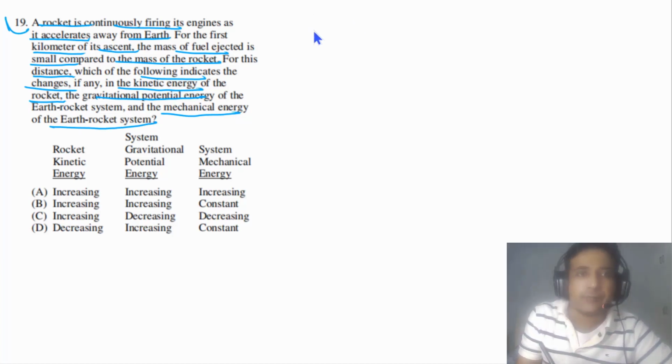So in this case, first of all, we need to understand, as the rocket is accelerating upward, the kinetic energy of the rocket is increasing. So you can imagine this one is the rocket. As the rocket is accelerating upwards, it is given to us, it simply means that its speed is increasing. As speed is increasing, it means that kinetic energy of the rocket is increasing.